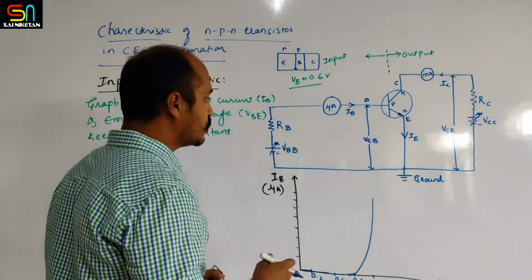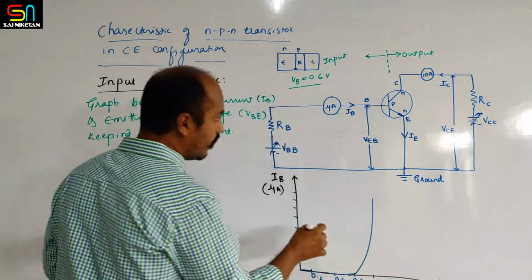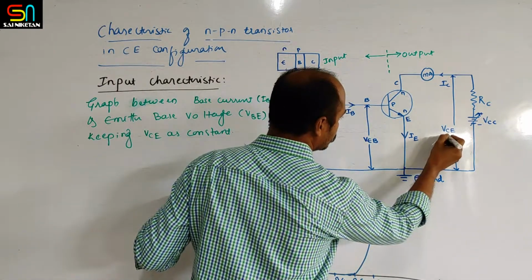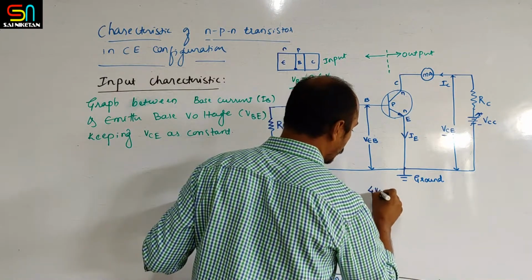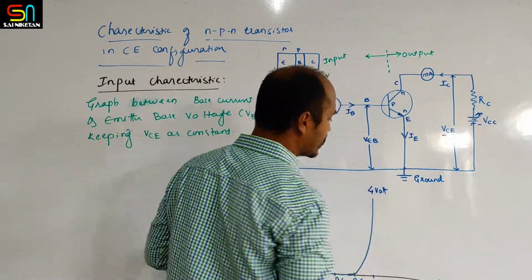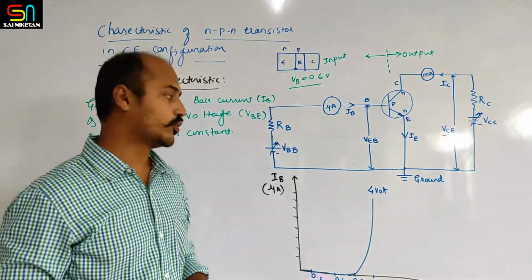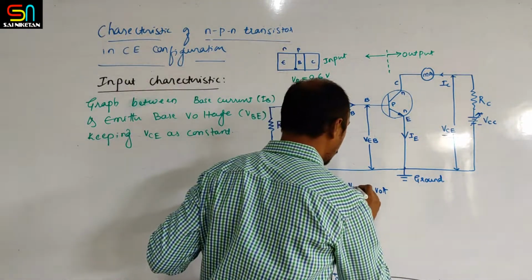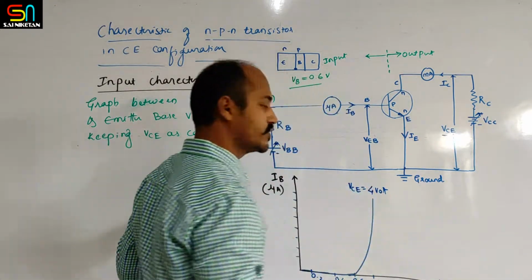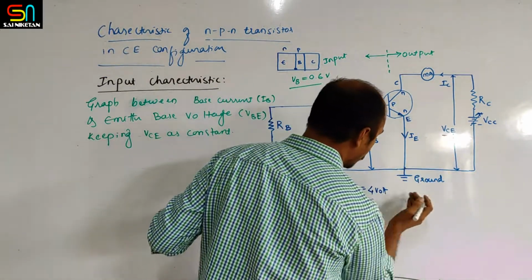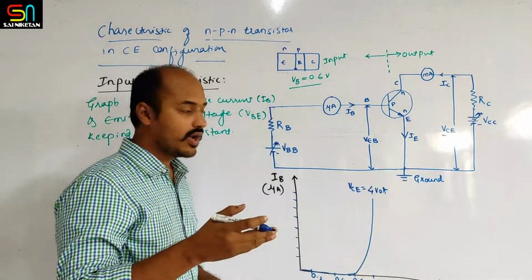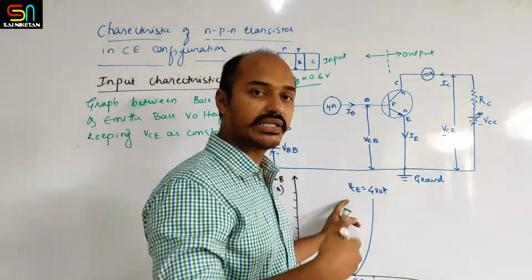Suppose let us assume that we are keeping the voltage VCE constant. Let us assume that this is for 4 volts, I am just taking an example of 4 volts output. This is VCE equal to 4 volts. What if I increase this VCE further? What if I increase VCE to 10 volts?